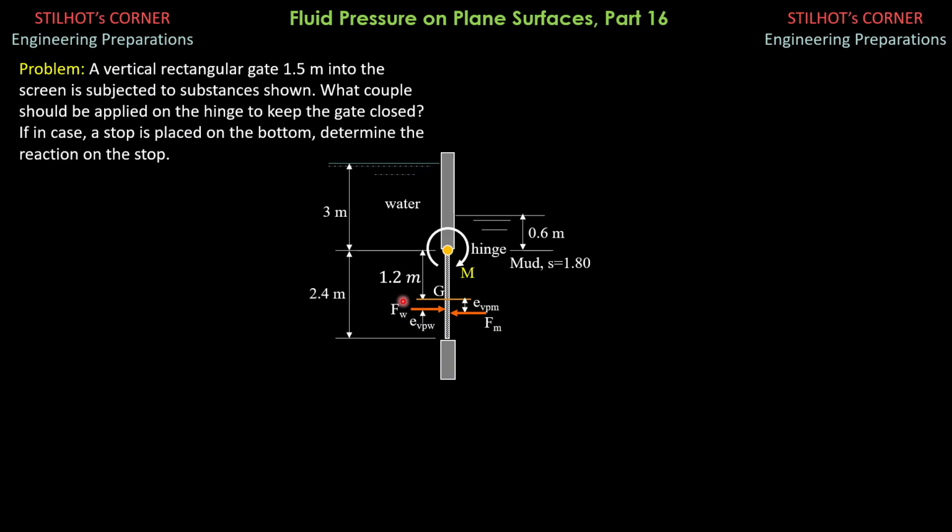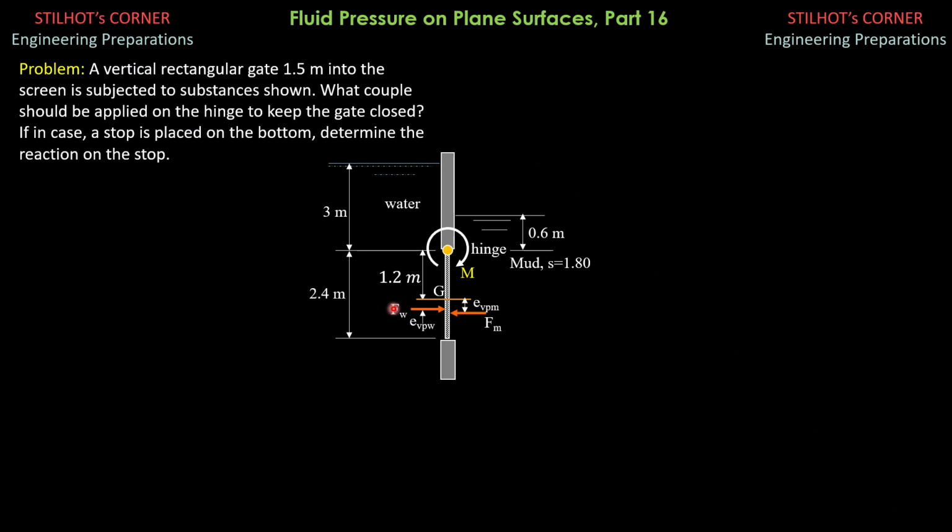So we have here F sub W. The centroid of the area of the gate is 1.2 meters below the hinge level, because the height of the gate is 2.4 meters.